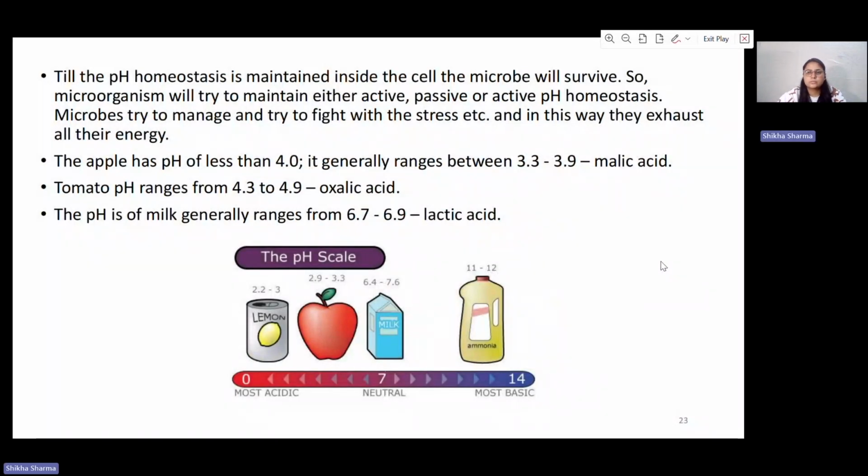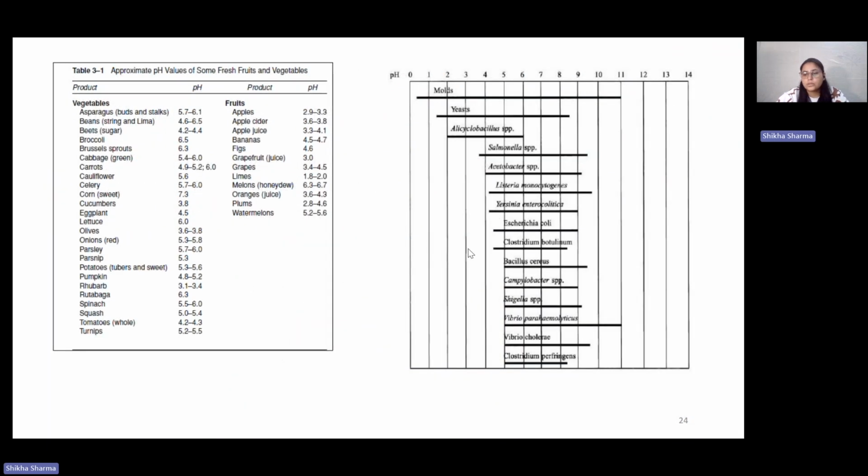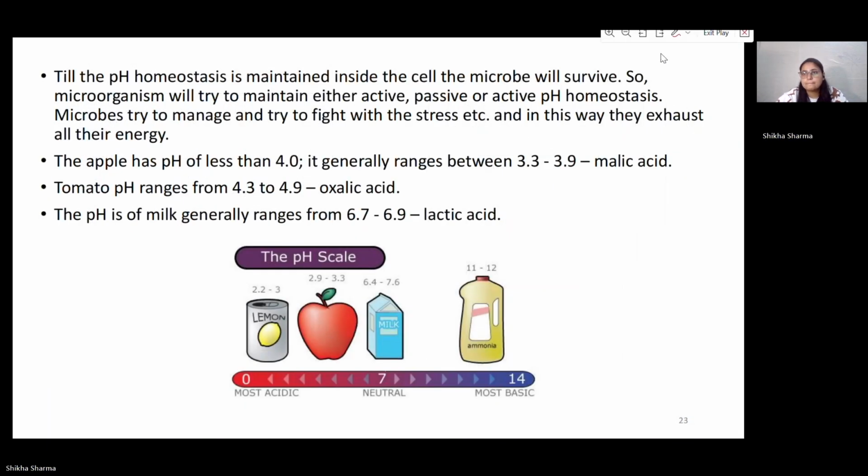The pH of milk is slightly towards neutral because of the lactic acid, around 6.7 to 6.9.